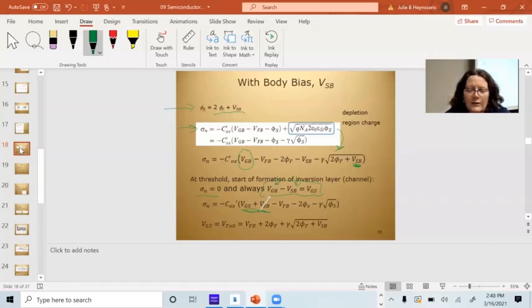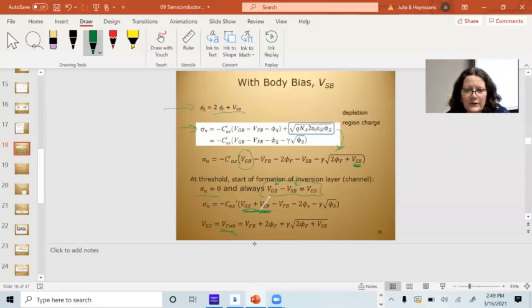Okay, so this is the next step. I assume there's zero source to body voltage. All I've done is I've replaced VGB with this expression right here. The next step is to ignore VSB and solve this equation for VGS. What VGS is going to be is the VTN0 that I need to get the start of strong inversion.